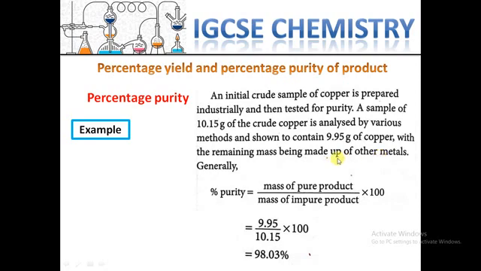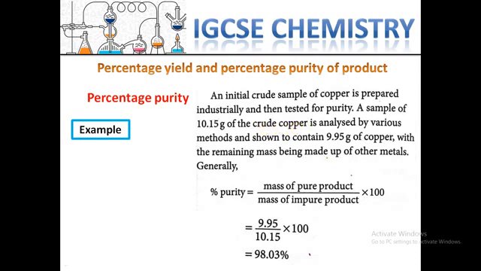So if the question asks for purity, this is simple because we are using only copper, which is your pure compound, pure substance, put it here, and the sample, the total product, is crude copper.